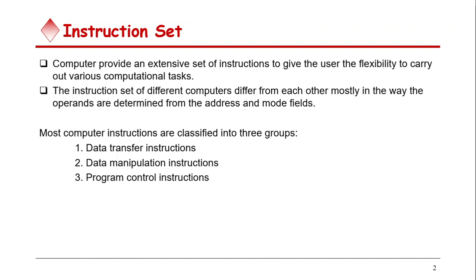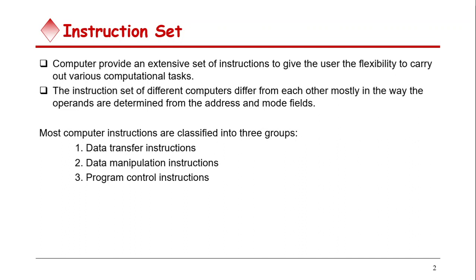Computers provide an extensive set of instructions to the user to give the flexibility to carry out various computational tasks. The instruction set of different computers will be different. So the actual operations available in the instruction set are not very different from one computer to another.